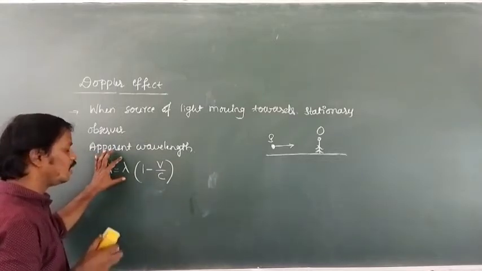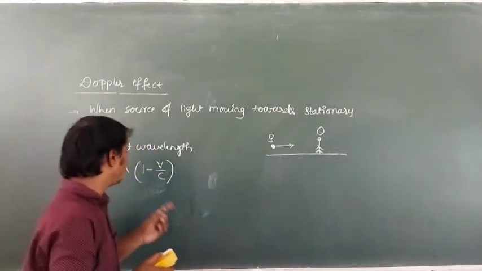What is lambda? Lambda is the actual wavelength of the light. And what is V?